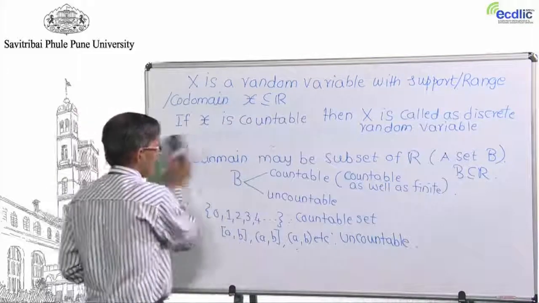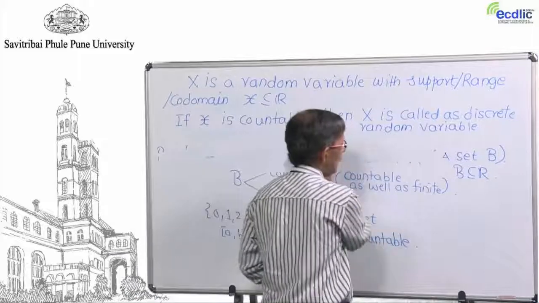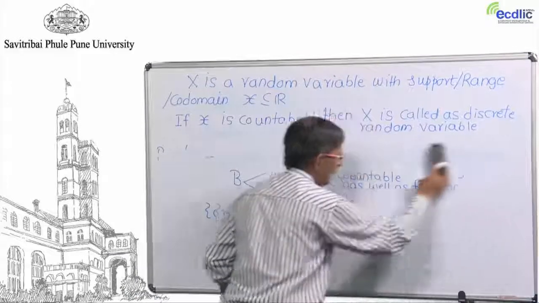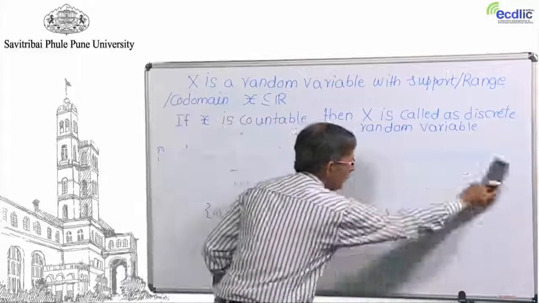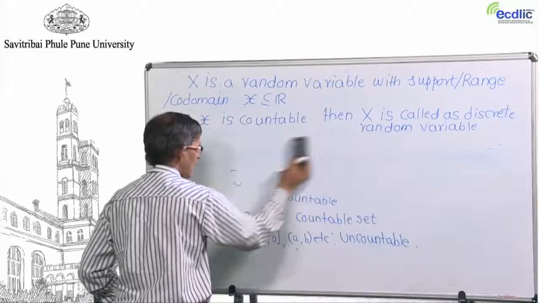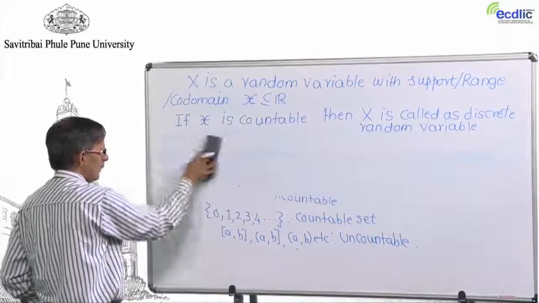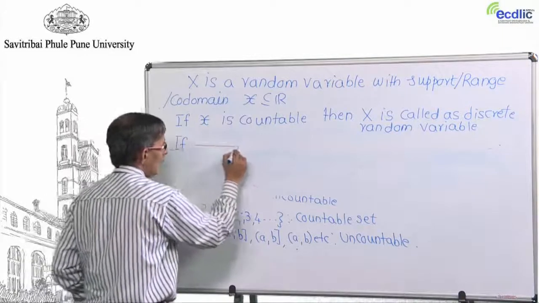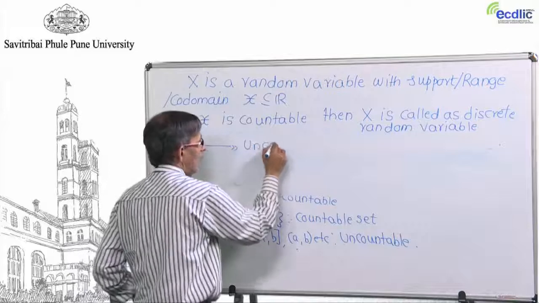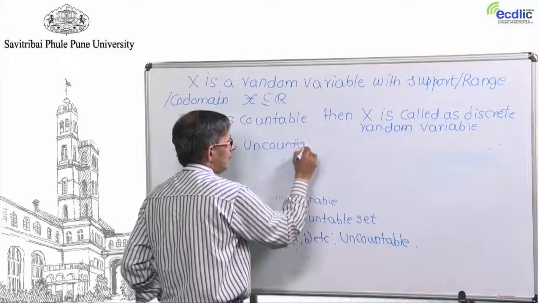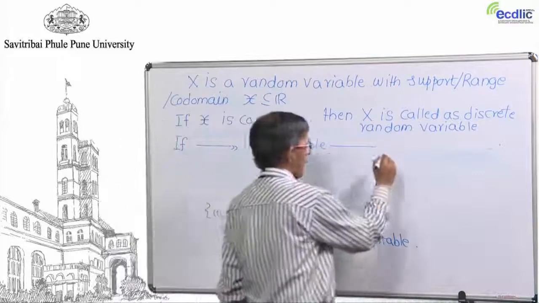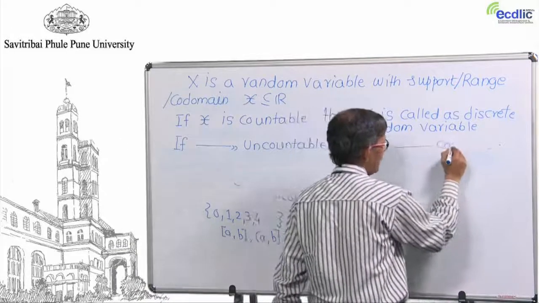Now, if X is uncountable, then such an X is called a continuous random variable.